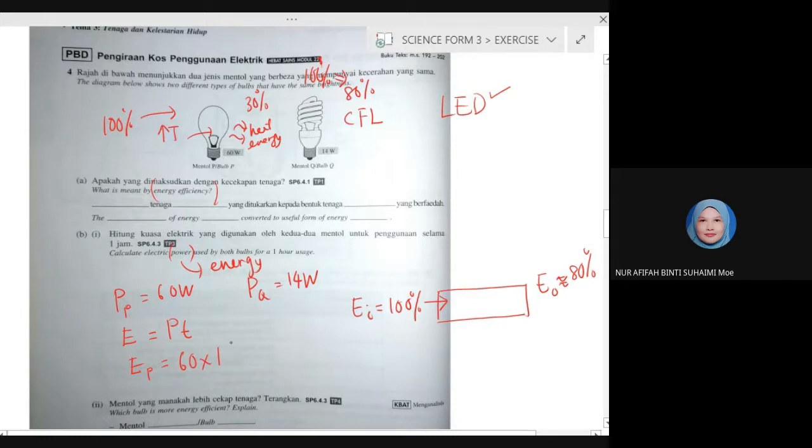No need to convert to kilowatt, because it does not ask you to calculate the ringgit cost. When it asks for the cost, then you convert to kilowatt. So this is 60 joules. The unit for energy is joule. And for Q, the equation is the same, PT, so 14 times 1, which is 14 joules.